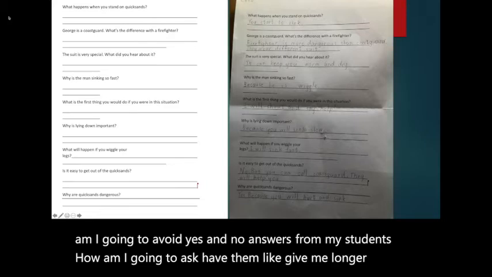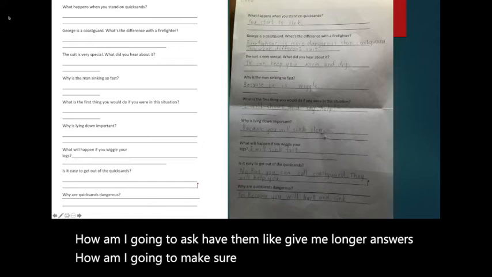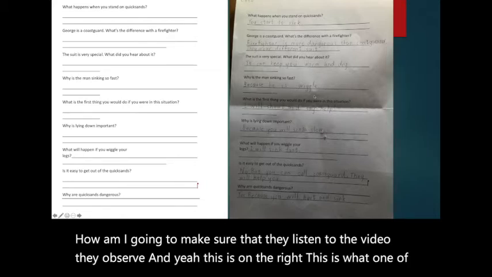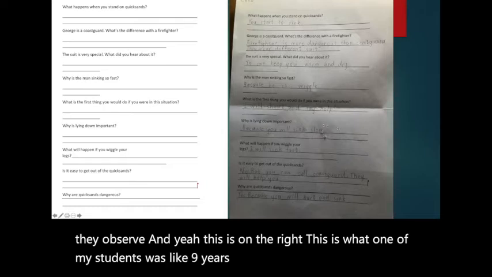How am I going to make sure that they listen to the video, they observe? And this is on the right. This is what one of my students, who's like 9 years old, wrote, and she was clearly paying attention.